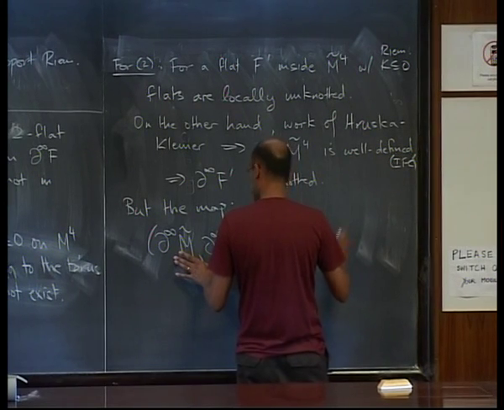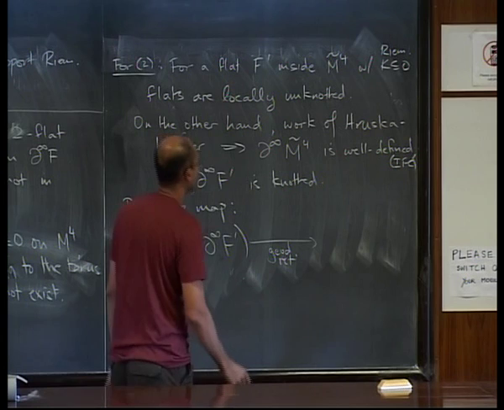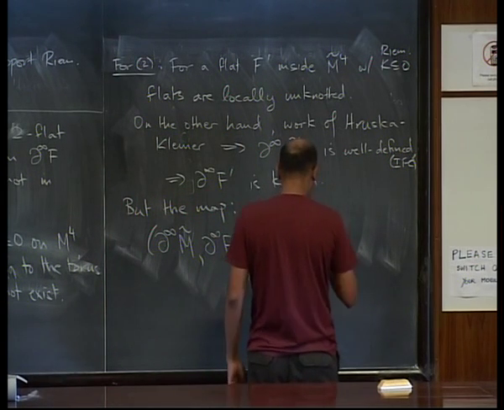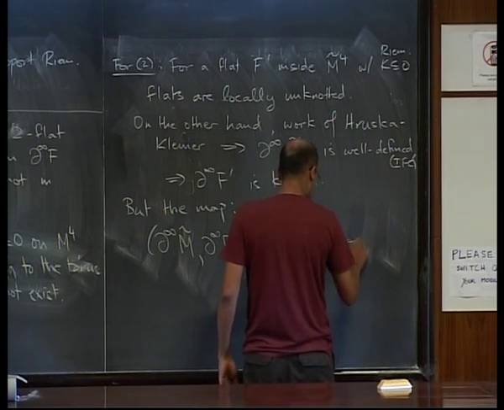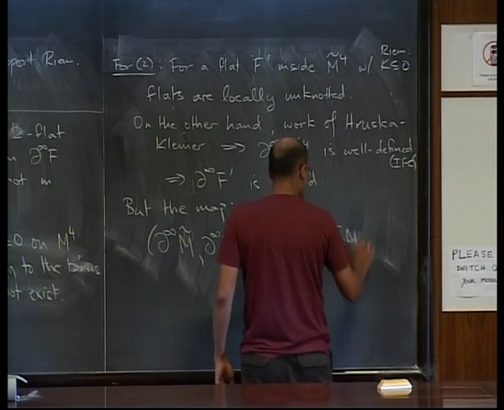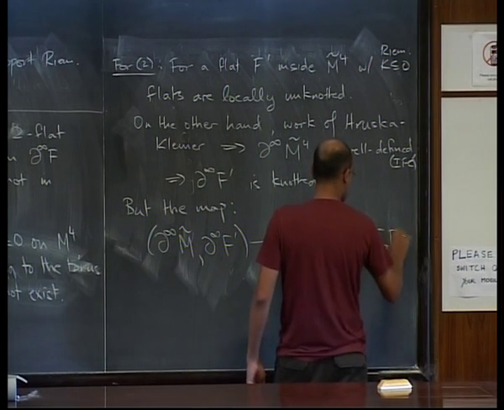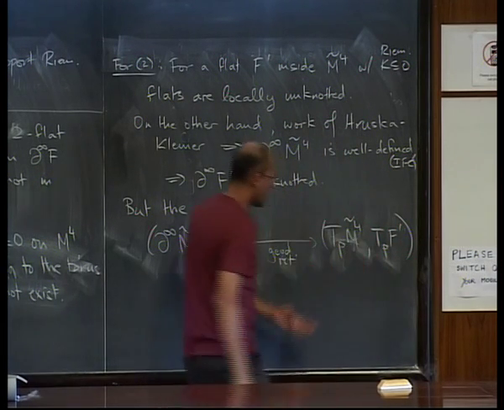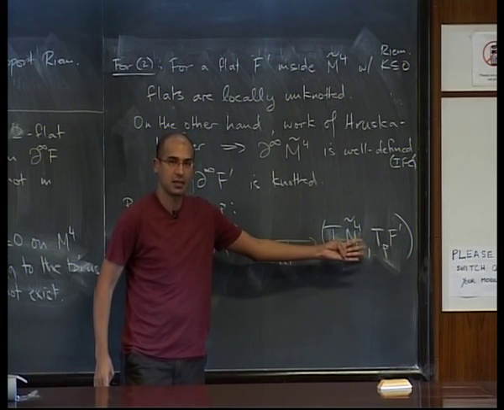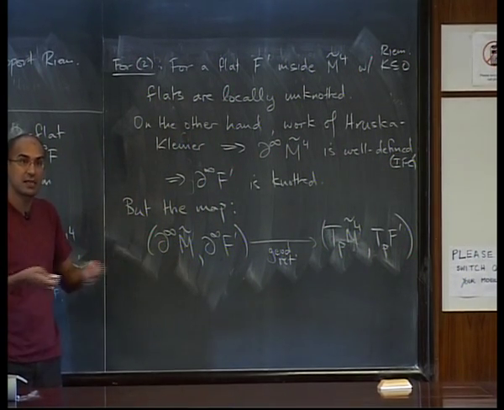So this is the tangent space at a point. So T_P M4 tilde and T_P F prime. Well, this here is an unknotted picture. This here is knotted, but geodesics don't branch.